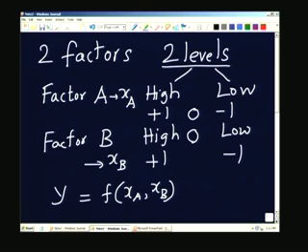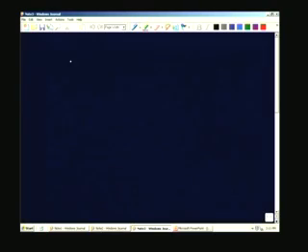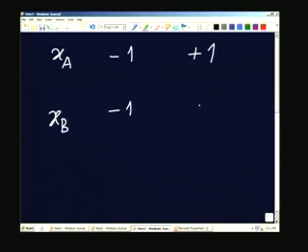So if you look at the levels, I got a plus value and a minus value, and what I will do is I will indicate it in the next slide in the form of a matrix which is easy to manipulate. So I will say x A, I am going to have -1, +1, x B, I am going to have -1, +1.